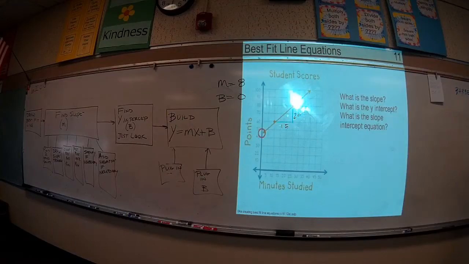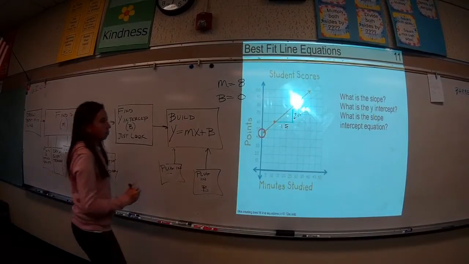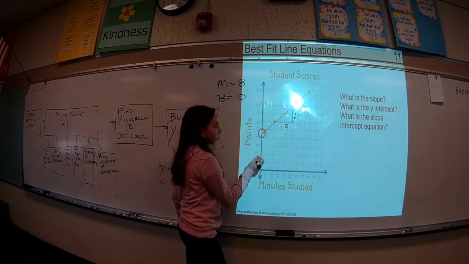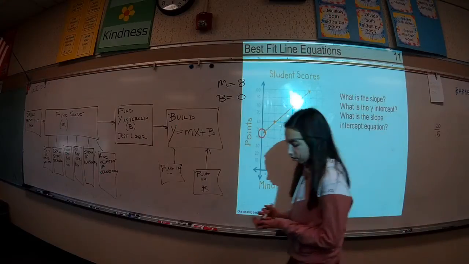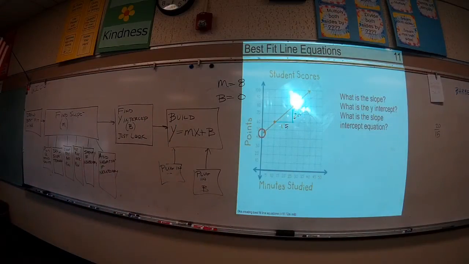Get up there and do that. Good. Brayden, next step. Simplify if necessary. Simplify that down. You can use a calculator.